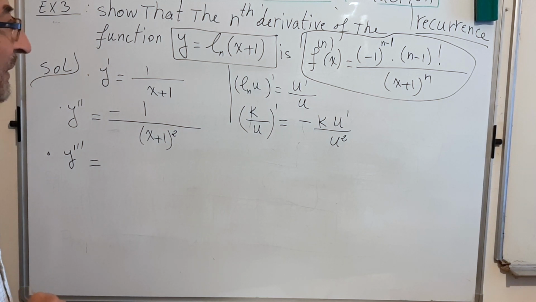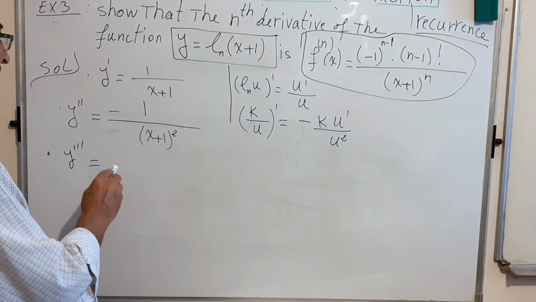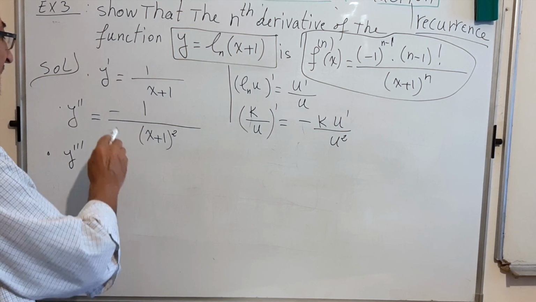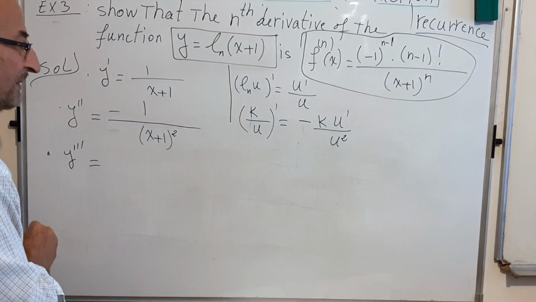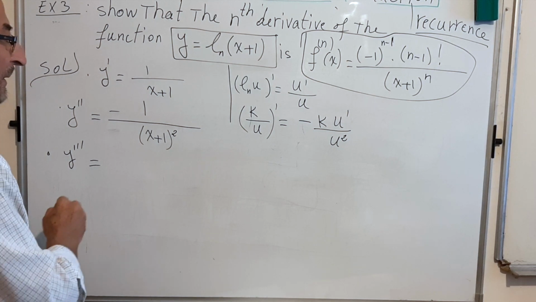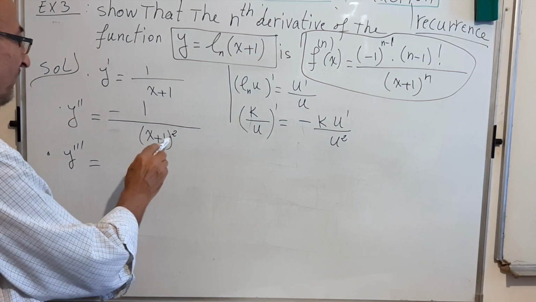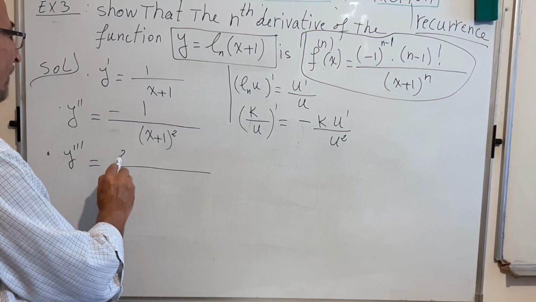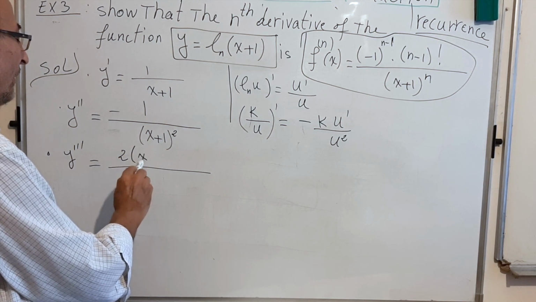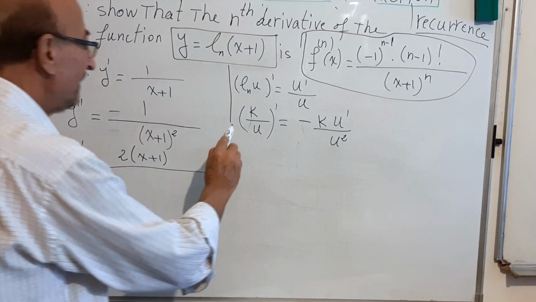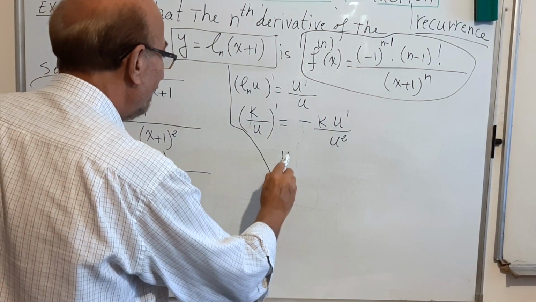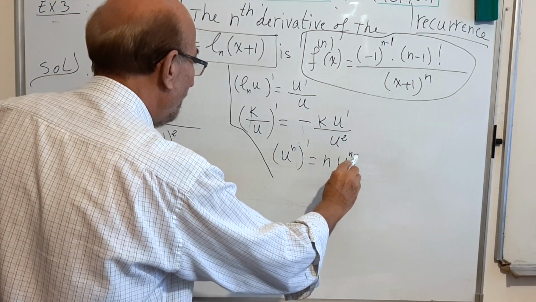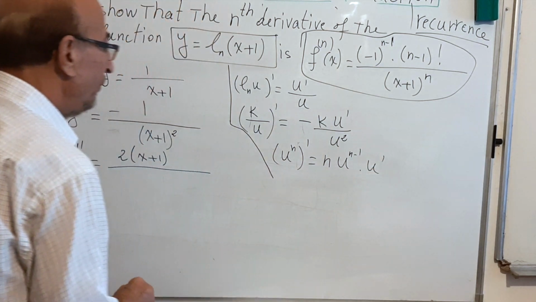Y triple prime of x equals the derivative of k over u, which is minus k, minus times minus is plus, k is 1, u prime, the derivative of x plus 1 squared is 2 times x plus 1, since the derivative of u power n is n u to the n minus 1 times u prime.